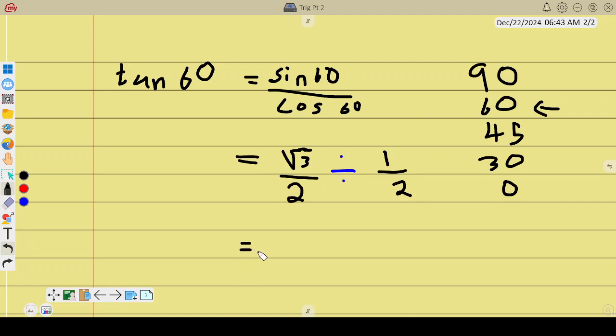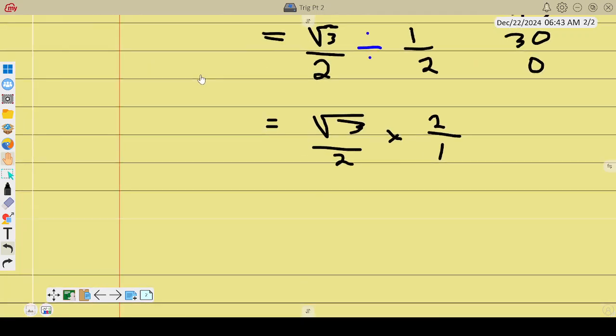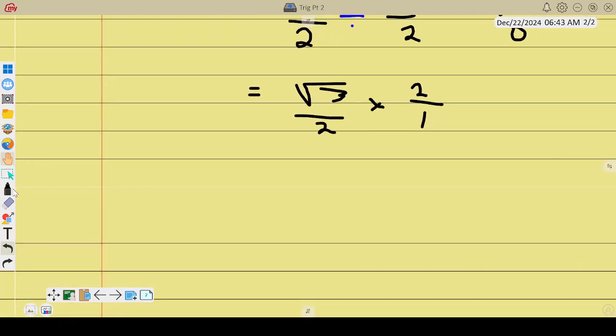Yeah, so we can simplify this. You say you have root 3 over 2, and when it becomes multiplication, you have 2 over 1. These swap. So what do we get?